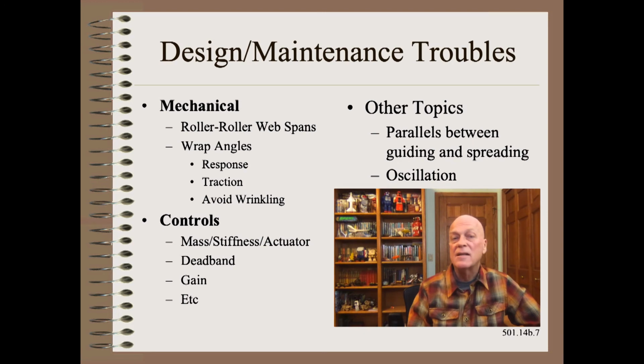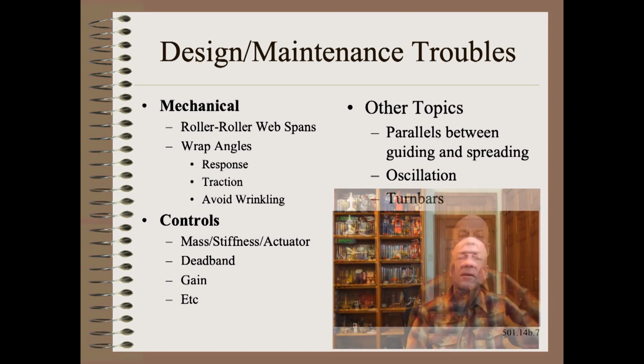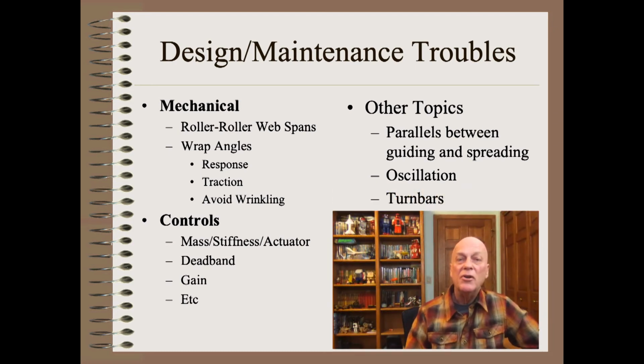Also discussed is oscillation, because most active guides can also do oscillation with the trivial addition of two small sections of software code to allow the operator to select speed and stroke. Finally, there is a unique and useful discussion of turn bars for when your application requires serious rerouting of web paths.